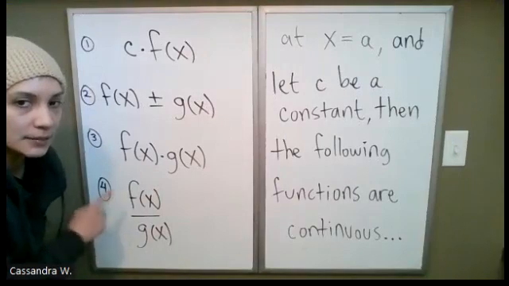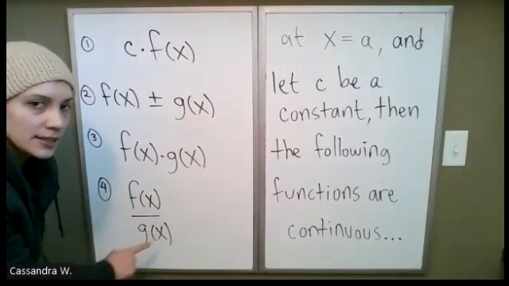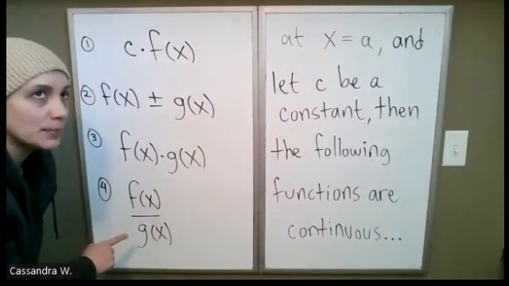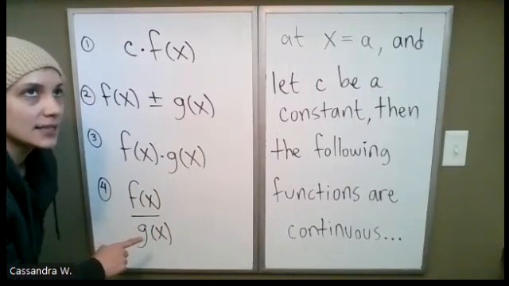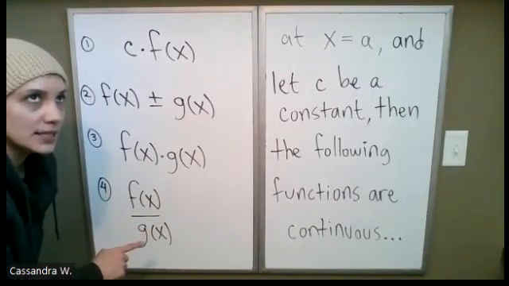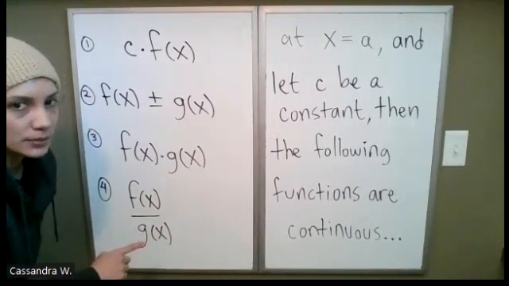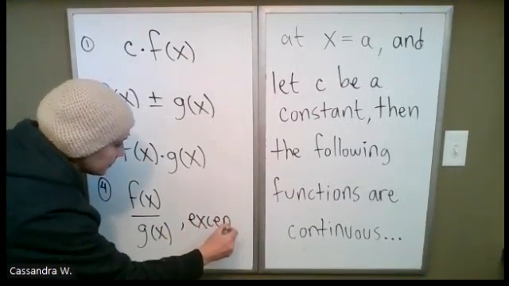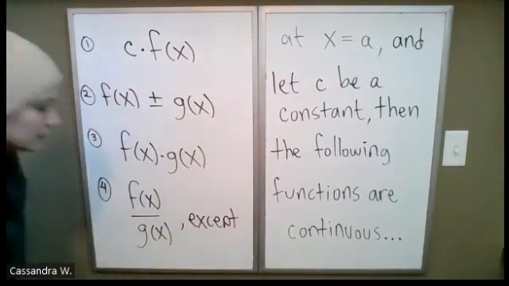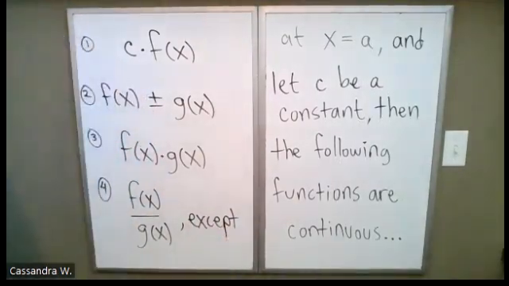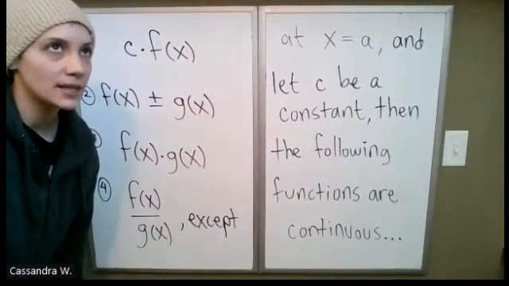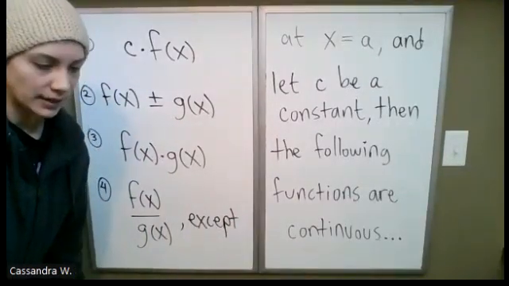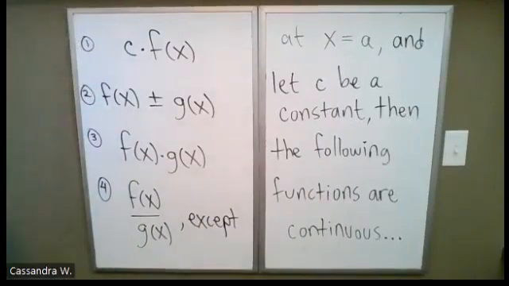And they're both continuous functions. So this is a continuous function except at places where g of x would equal 0. I guess you'd say except at values of x that make g of x 0.